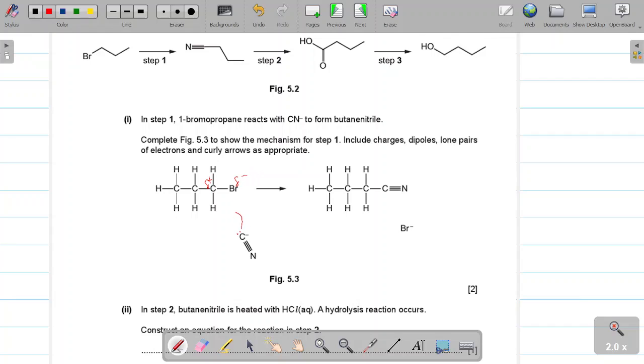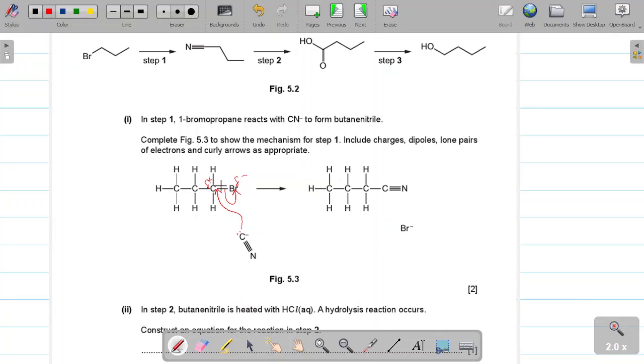And this is going to attack the carbon atom, and then this bond is going to break. And these arrows are full arrows to show that it is heterolytic fission that's taking place. And this will lead to the butane nitrile and bromide ion.